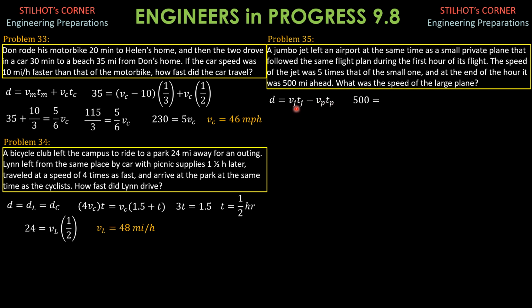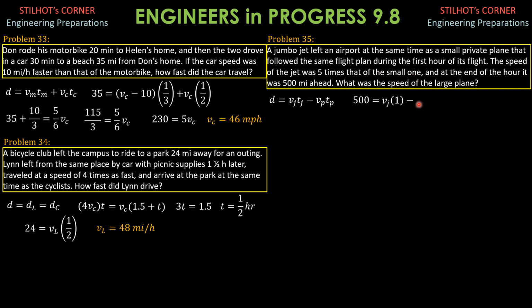So 500 is equal to the speed of the jet, because it is the speed of the jet which is required. So we'll just call it v sub j, times travel time 1 hour, then minus the speed of the plane, which is 1/5 of the speed of the jet because the speed of the jet is 5 times that of the small private plane.